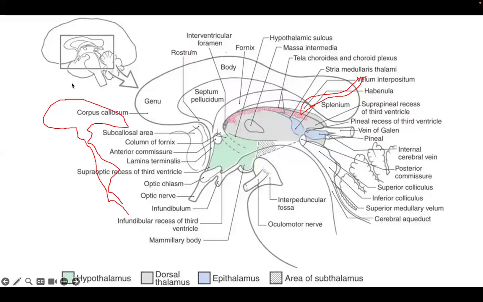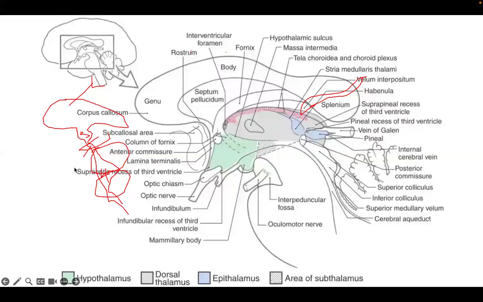So let's say this is a sagittal view of the ventricular system. This is the lateral ventricle. This is the third ventricle. This is the fourth ventricle. This is the pons here, and this is the midbrain here. Sorry, this is the medulla. Sorry, from down: medulla, pons, midbrain.